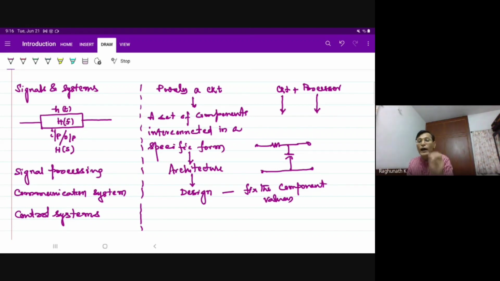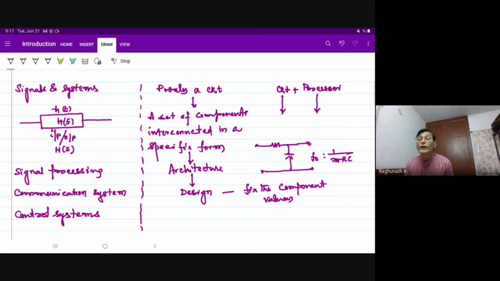Whenever somebody asks you to design a low pass filter, they will give you the 3 dB frequency of that particular low pass filter. Because there are two components, one frequency is what is to be achieved, f naught is equal to 1 by 2 pi RC. There are two variables, one equation, because of which there will be infinitely many solutions.